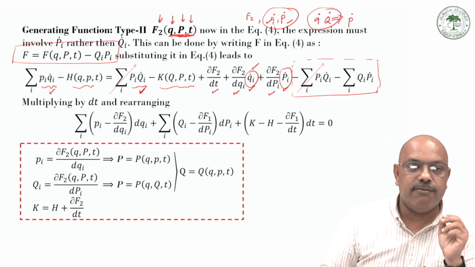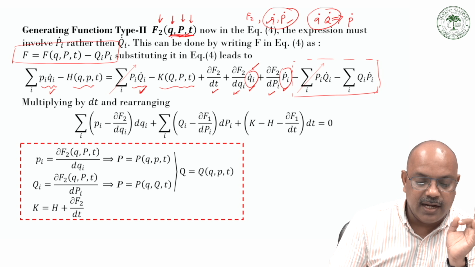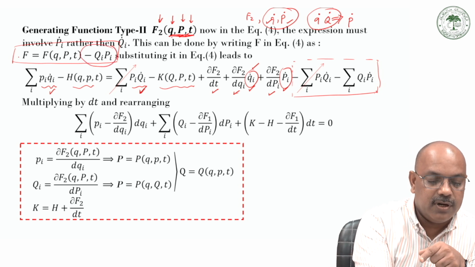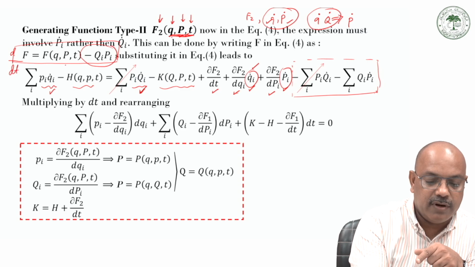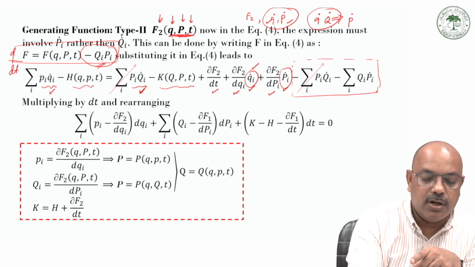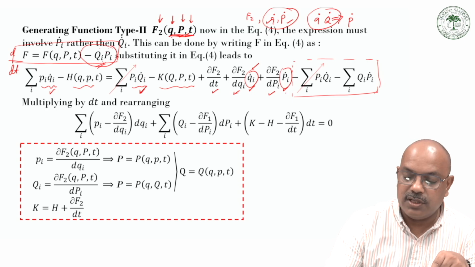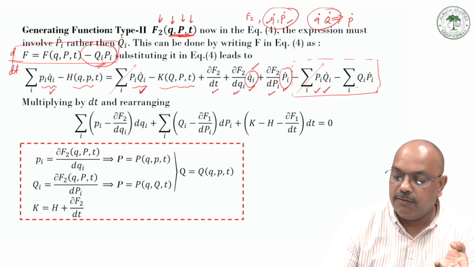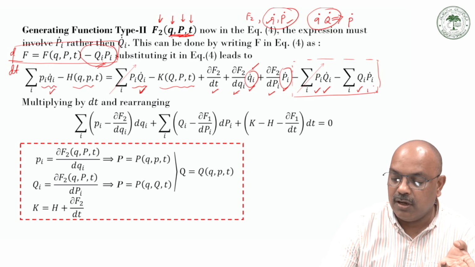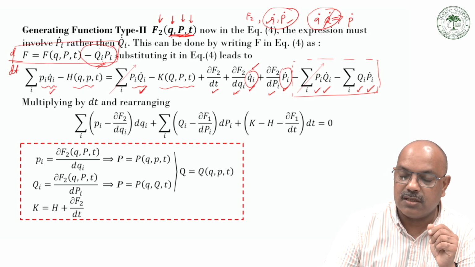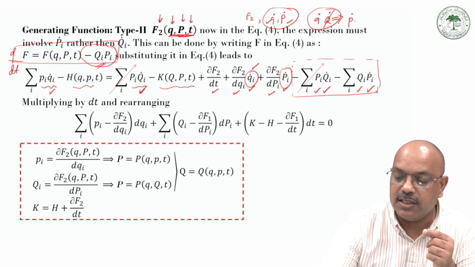So if I add a term minus q p, I'm going to have d dt of this. If I take the d dt of this, then I'm going to have q dot and p dot. First, if you keep p constant, then it becomes q dot, and if you keep q constant, then you get the p dot. So in this way I have to get rid of this, and then I have to add this p.